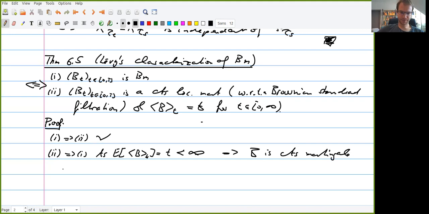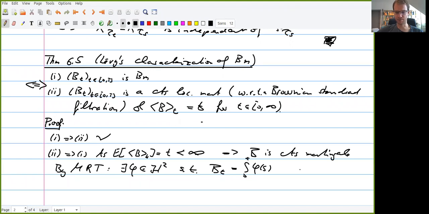And then we can use the martingale representation theorem. So there exists phi in H2 such that B_t is given as a stochastic integral with respect to a Brownian motion with the standard Brownian filtration. There exists a Brownian motion, for some Brownian motion B tilde, so that we have this representation.